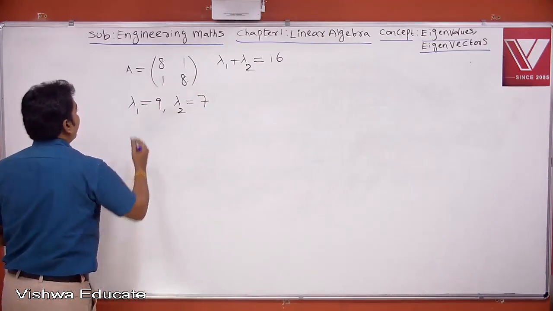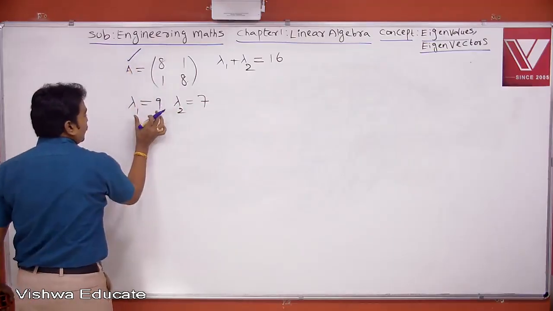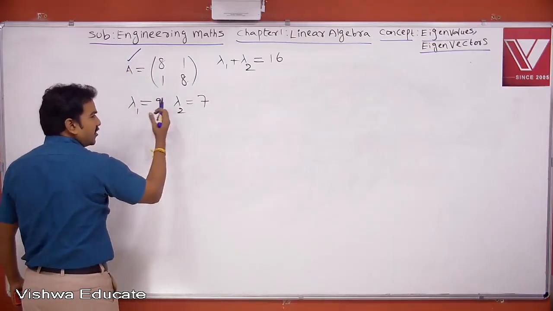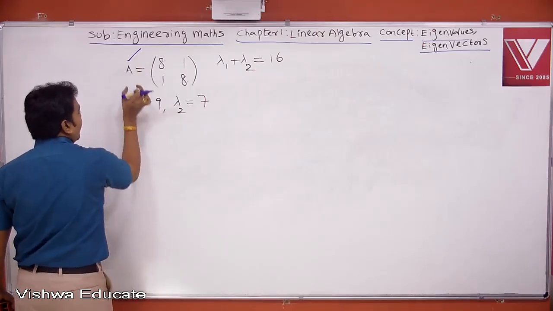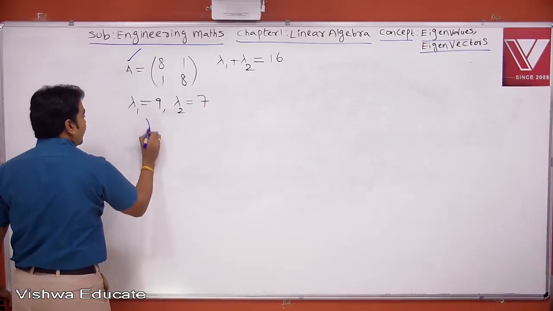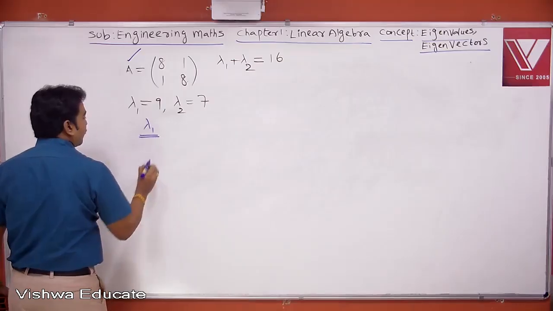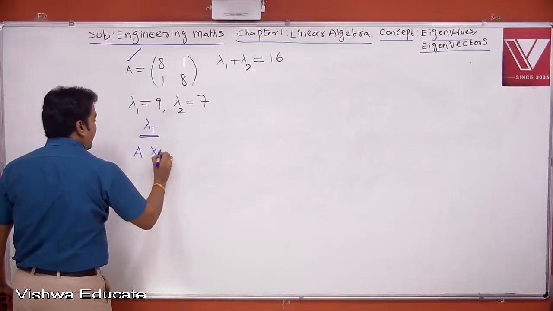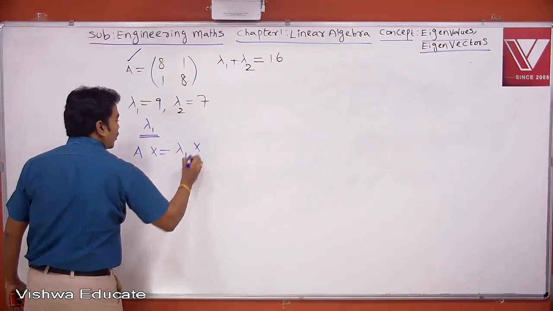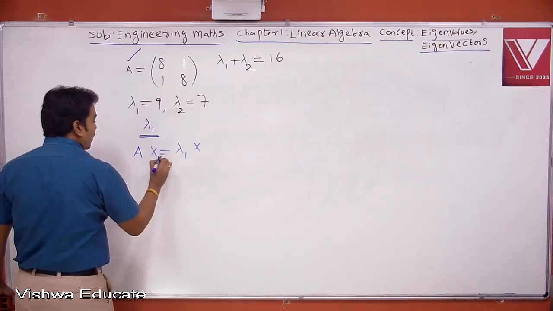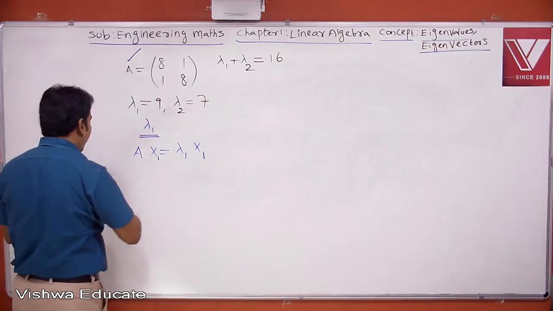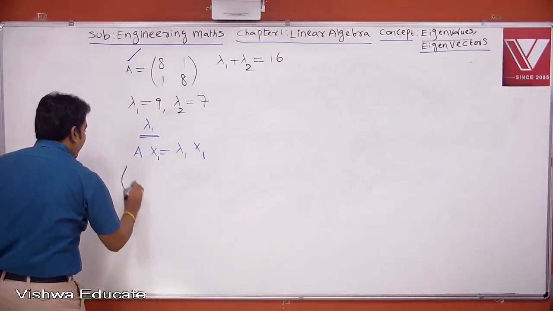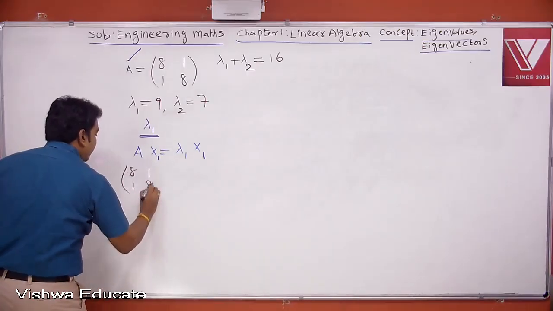Now, let us try to find the eigenvectors of this matrix by using the definition. My task is first finding eigenvectors with respect to lambda 1. My definition is A into X equals lambda 1 into X. I will assume that the eigenvector with respect to lambda 1 is X1. The matrix A is 8 1 1 8.